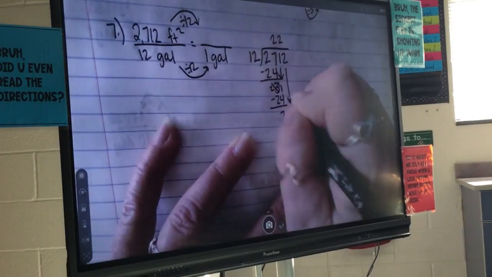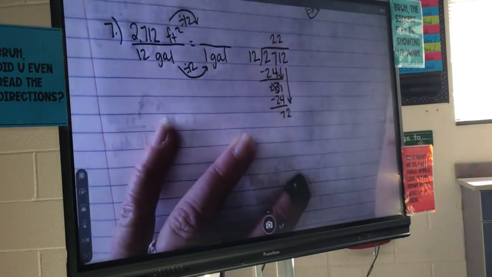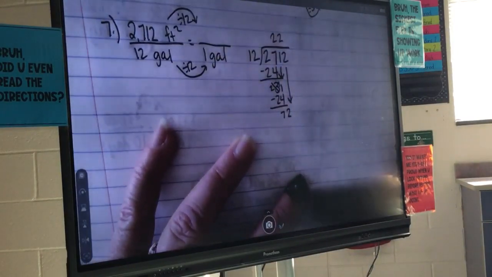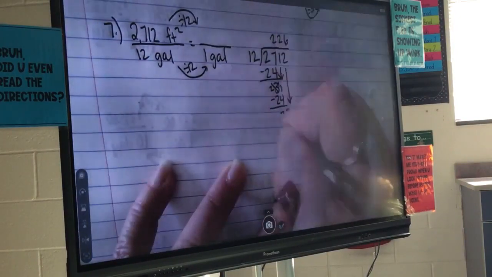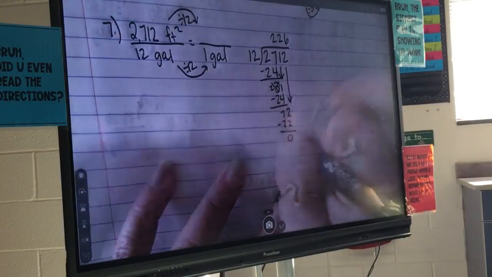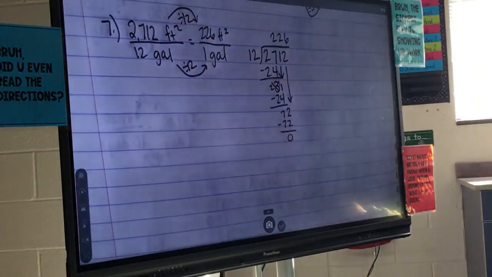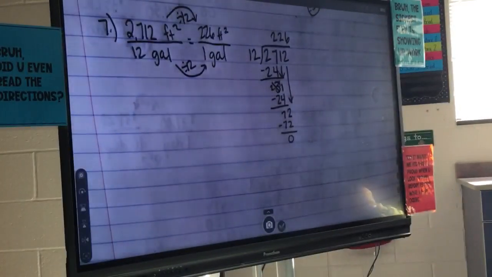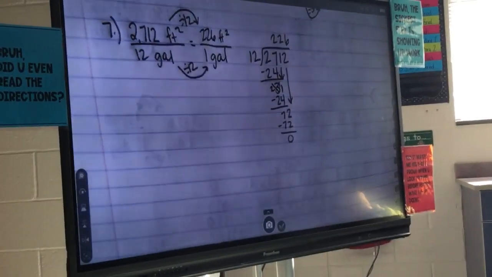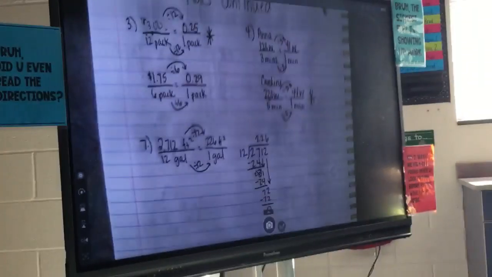What do I multiply 12 by to get 72? Allison? 6. So your answer is 226 feet squared per 1 gallon. So what is the correct answer? C.